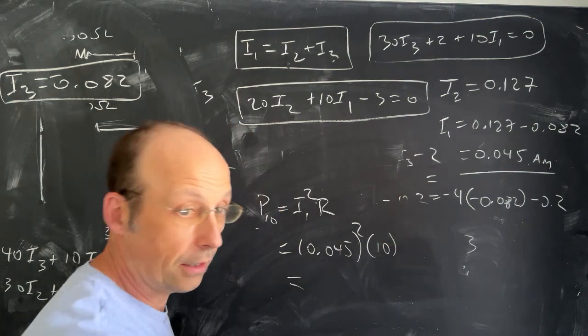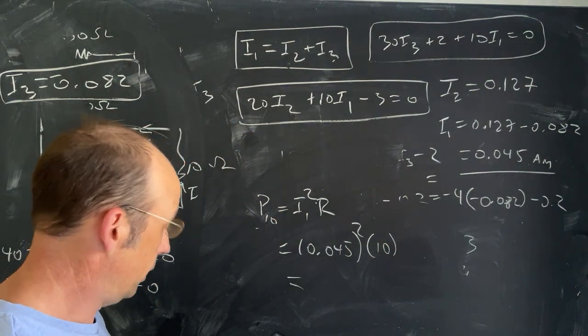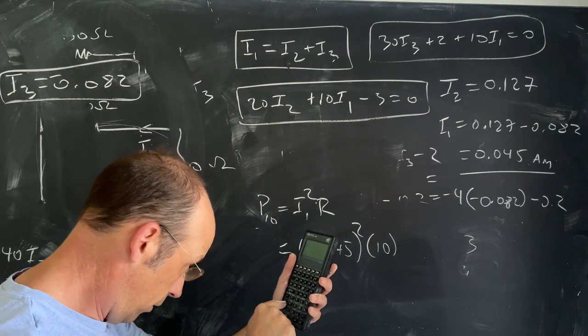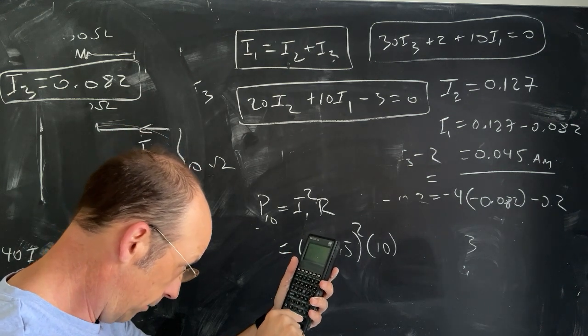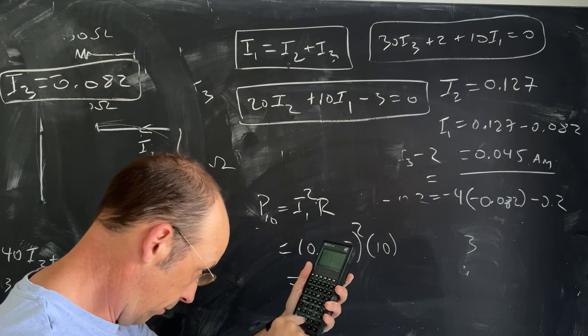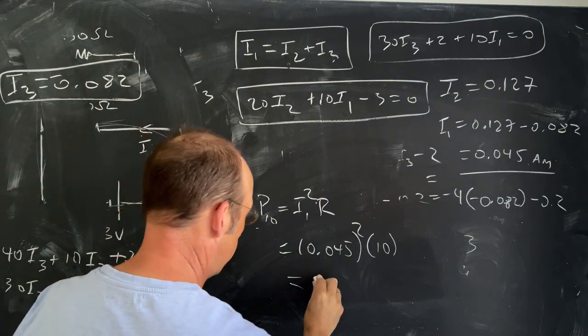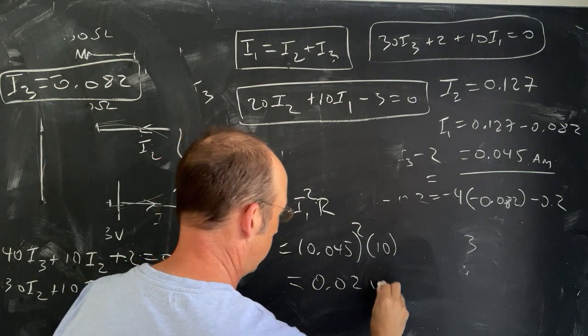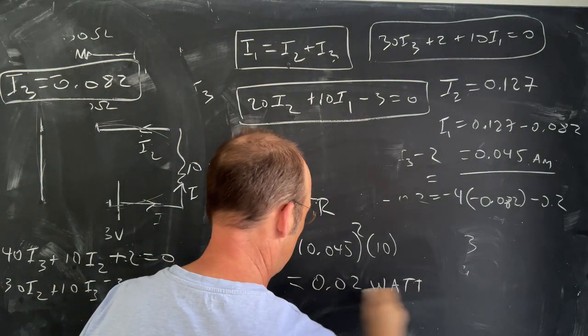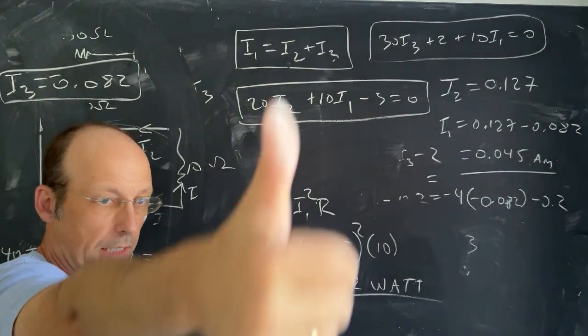I'm not going to do that in my head. I'm going to use my calculator. 0.045 squared, enter, times 10. I get 0.02 watts. The end.